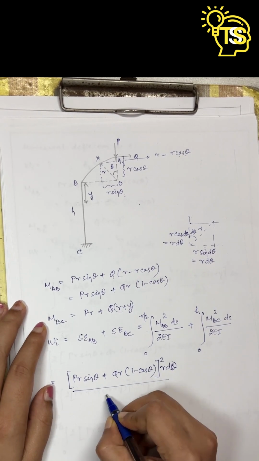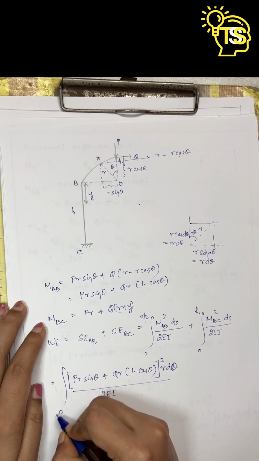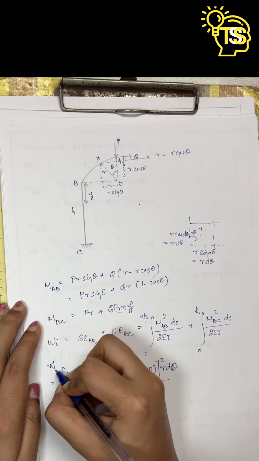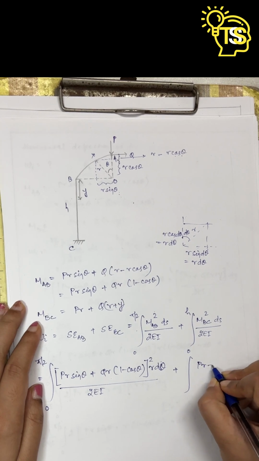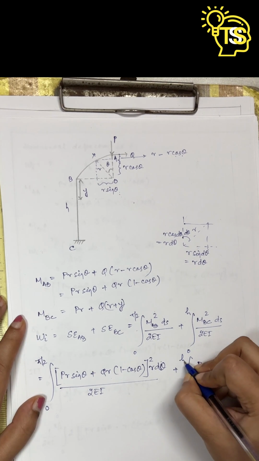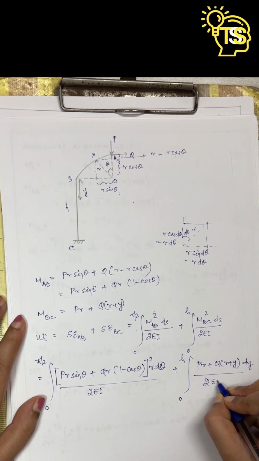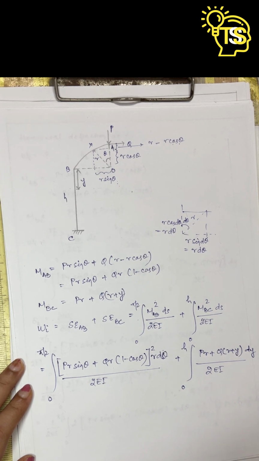So the integration here will be from 0 to pi by 2, and let's put the value of moment BC. We'll get (PR plus Q (r plus y)) whole squared dy from 0 to h upon 2EI. Now for easier calculation, we will keep this value of strain energy as it is.